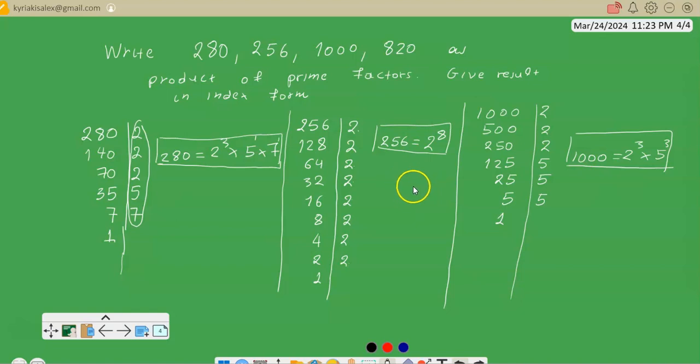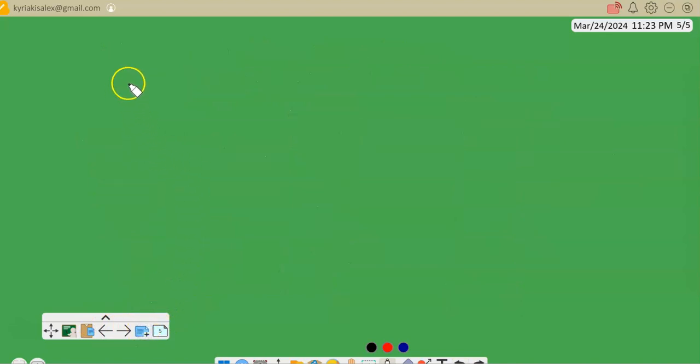So this is correct. Let's go to the last case, which is 820. So we divide by the first prime number, which is 2. So it is 410. We divide by 2. 205.